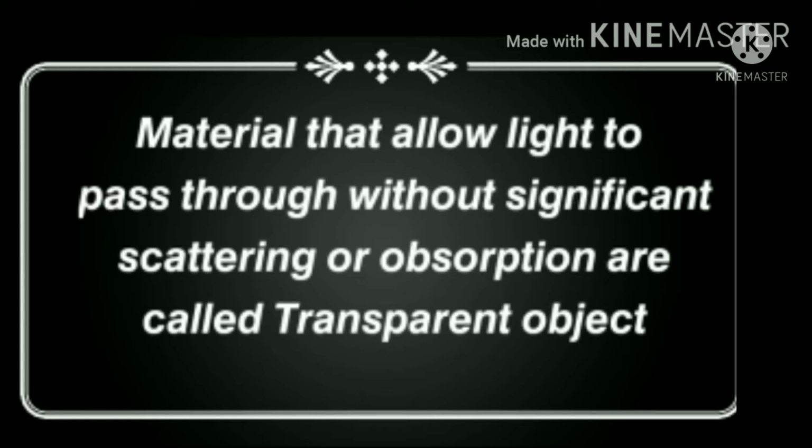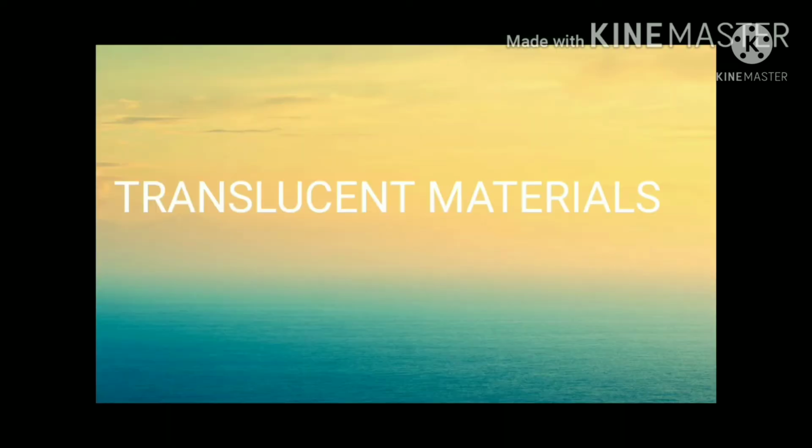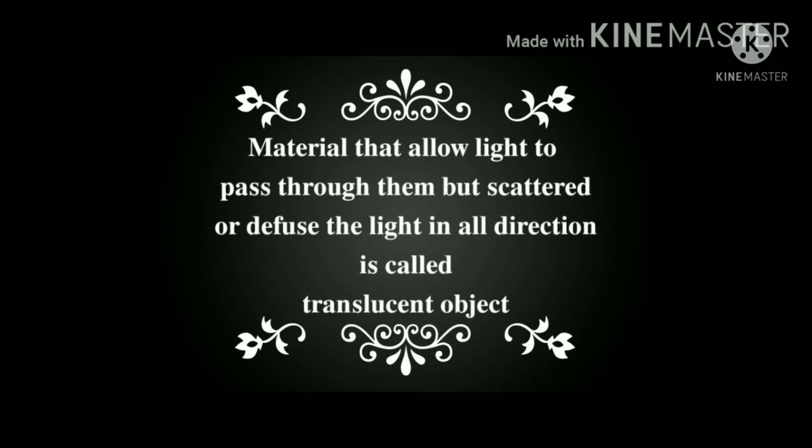Are you clear? Next, we are going to see translucent materials. That means materials that allow light to pass through them but scatter or diffuse the light as it passes through.